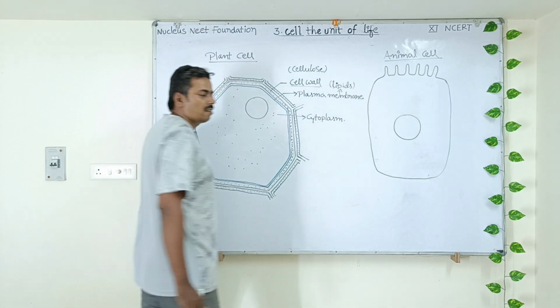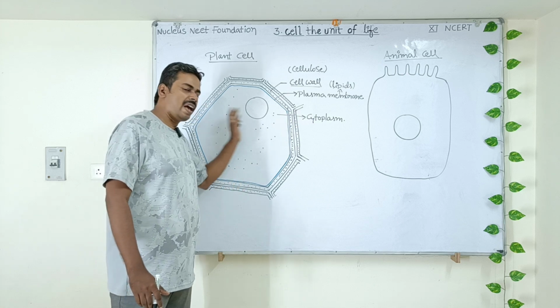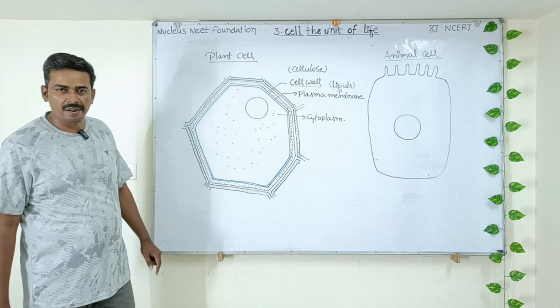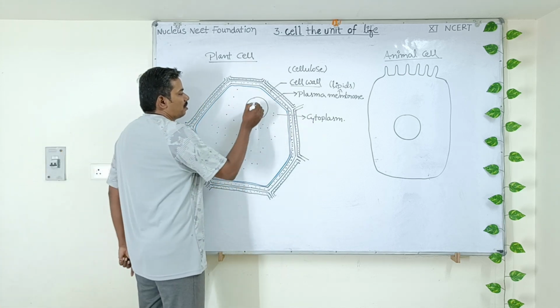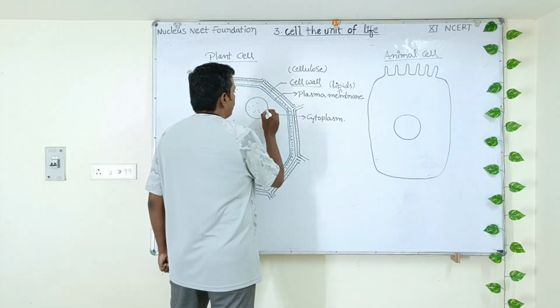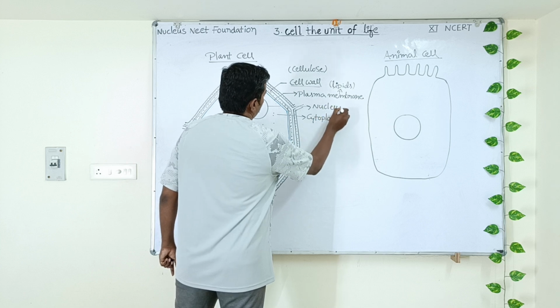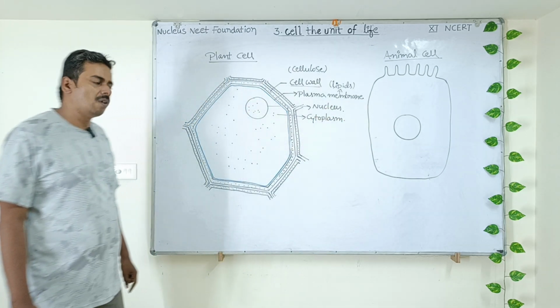Cytoplasm is a place where several cellular activities will be taking place, several metabolic reactions will be happening in this region. It is called cytoplasm. So in the cytoplasm, there is the brain of the cell which is called as nucleus. What it is called? It is called nucleus. This is the nucleus.